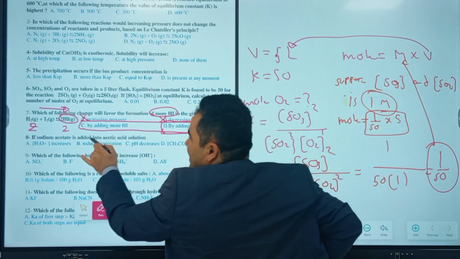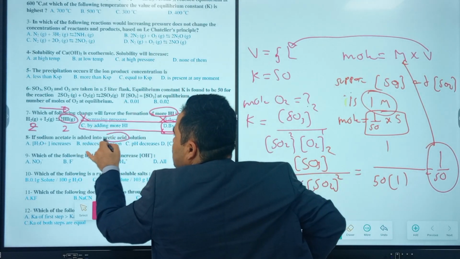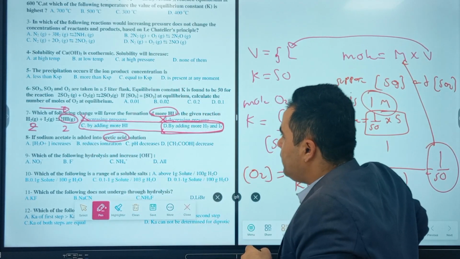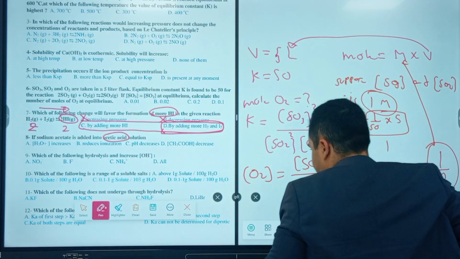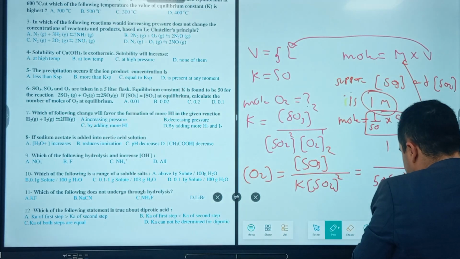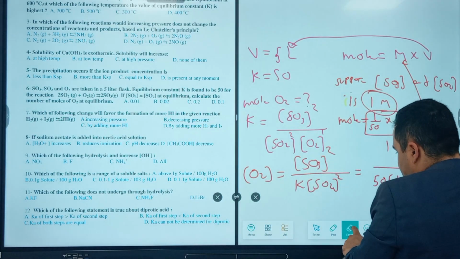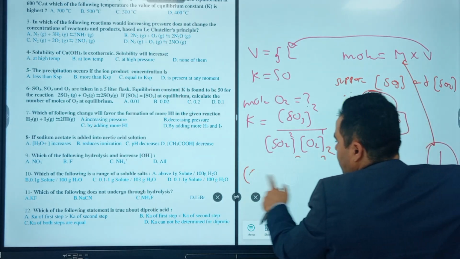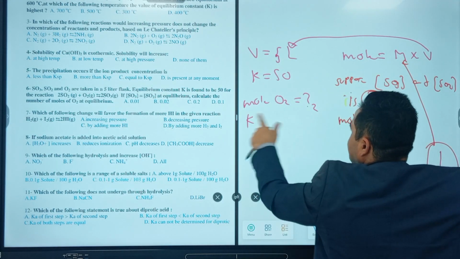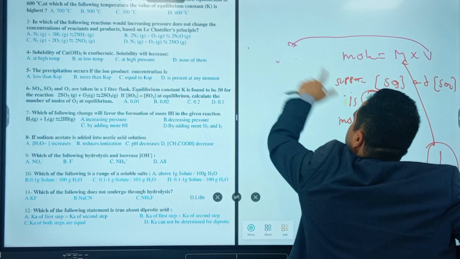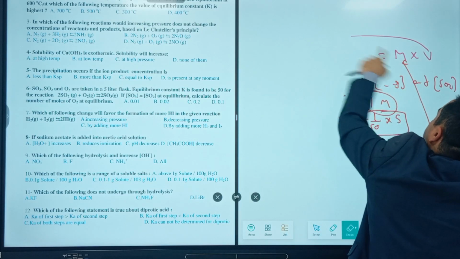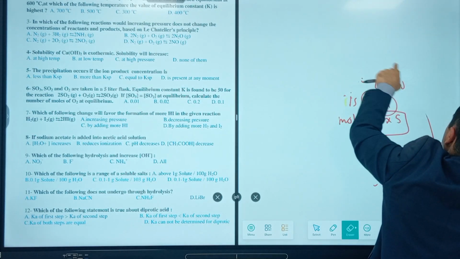If sodium acetate is added to acetic acid solution, which of the following will occur? This is about the buffer, the common ion effect. Let me solve this question, which is about the common ion.